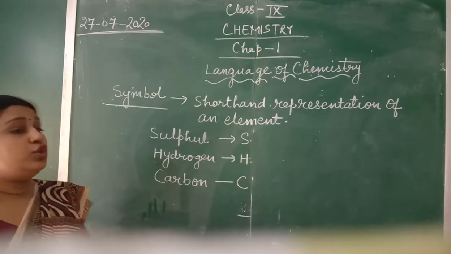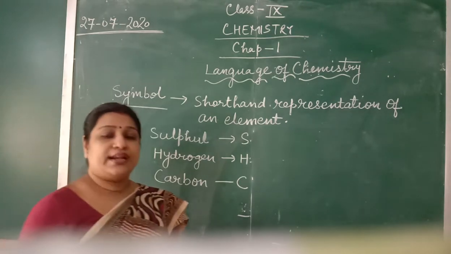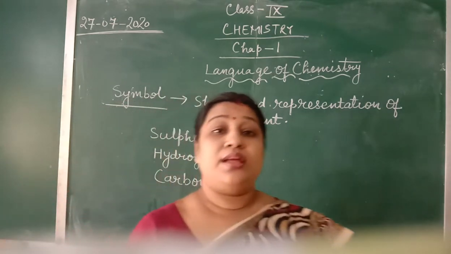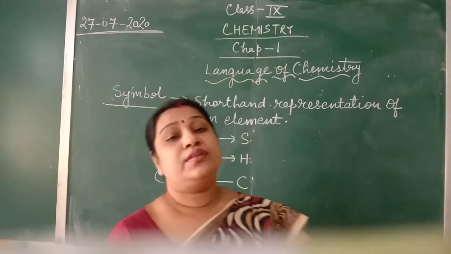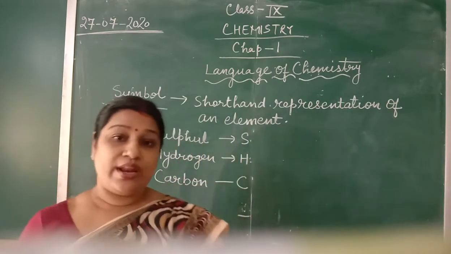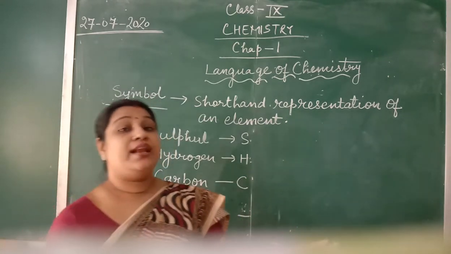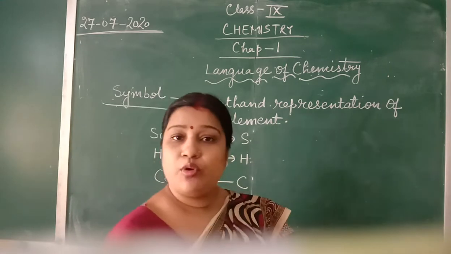There are two letter symbols also. The two letter symbols are taken from the Latin names of the elements: the first two letters, or the first letter and the letter which is pronounced more in the element.